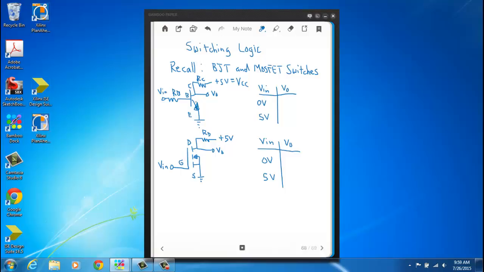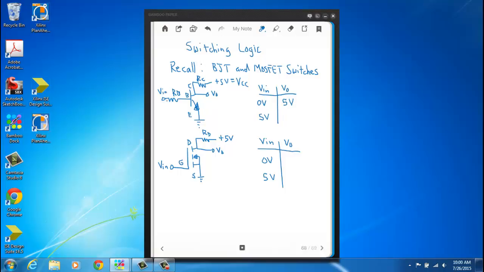And if your collector to emitter is open, there's no current through this resistor RC. So it has 0 volts dropped across it, so that means that we have the same voltage on both sides. So the source voltage 5 volts, that's on the right side of RC, will also be on the left side, and that's where our node Vout is. So when Vin is equal to 0 volts, Vout is going to be 5 volts.